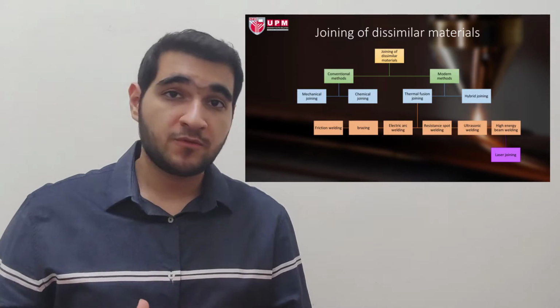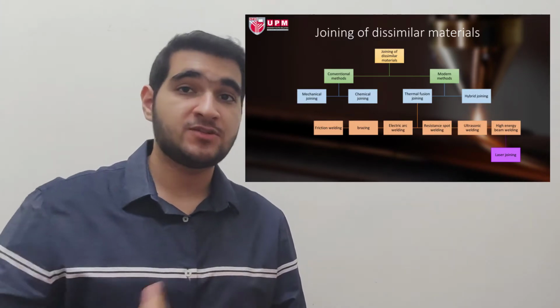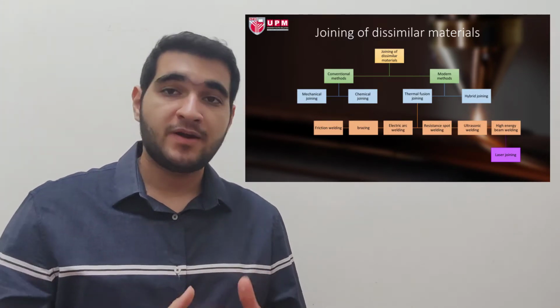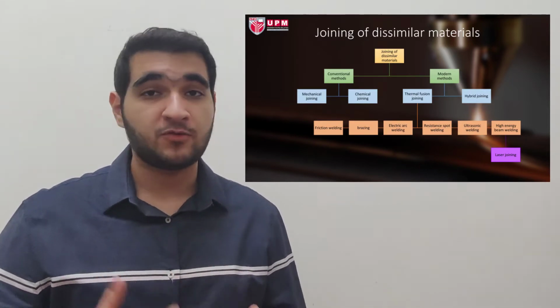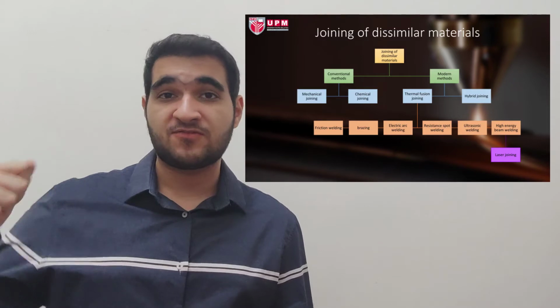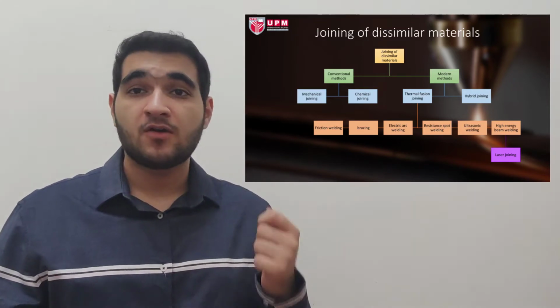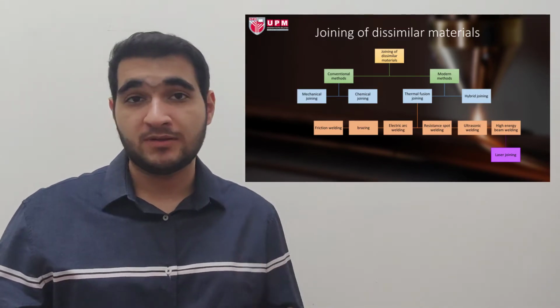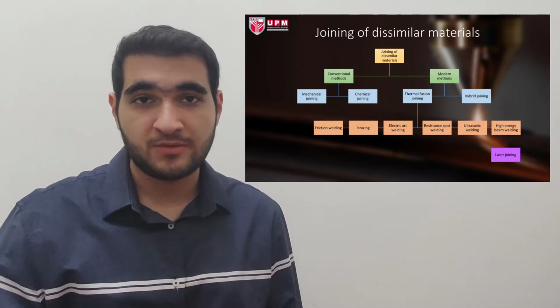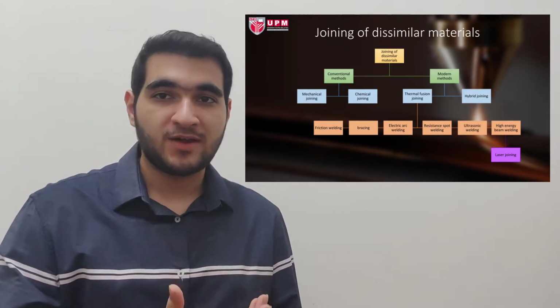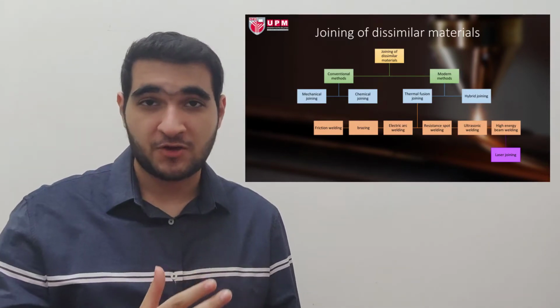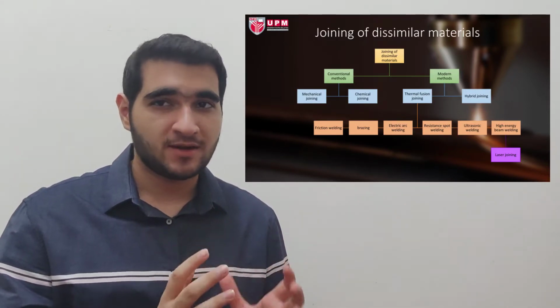Nowadays, we have either thermal fusion joining or even hybrid joining, which has entered the game very recently. With thermal fusion joining, we can see that many different branches have been laid out throughout time, starting with friction welding, and nowadays we have high energy beam welding. And naturally, beneath high energy beam welding, we can find laser joining. When we look at the entire hierarchy of this chart, we can see that laser joining has a lot of weight on its back.